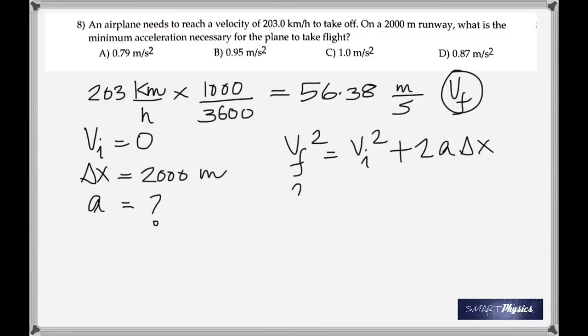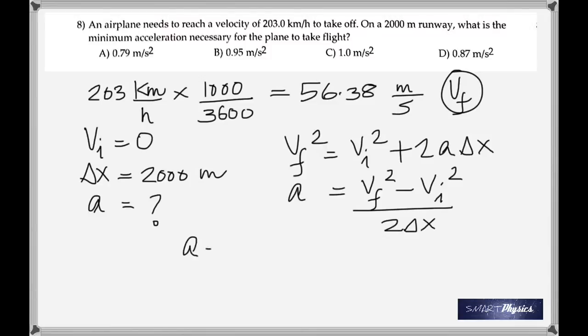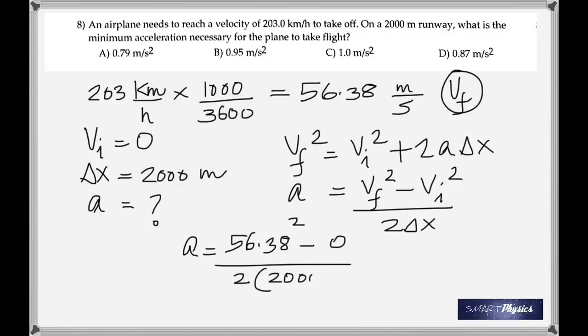Plug the numbers into that, make acceleration the subject, and then you get the acceleration as 0.79 meter per second squared. That's the answer.